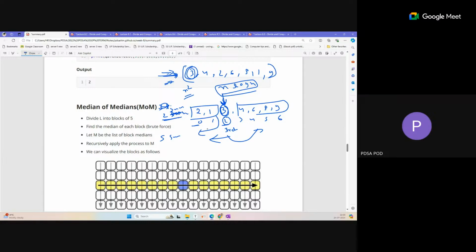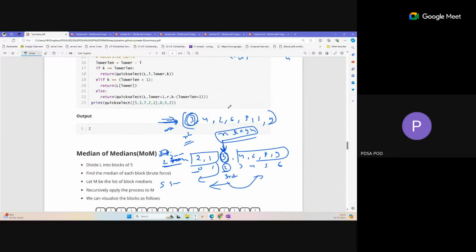So based on this pivot position, we can decide which area we need to check next, and we can discard the remaining area. In this way, the problem decreases by half after every pivot position, and we are reducing the size.